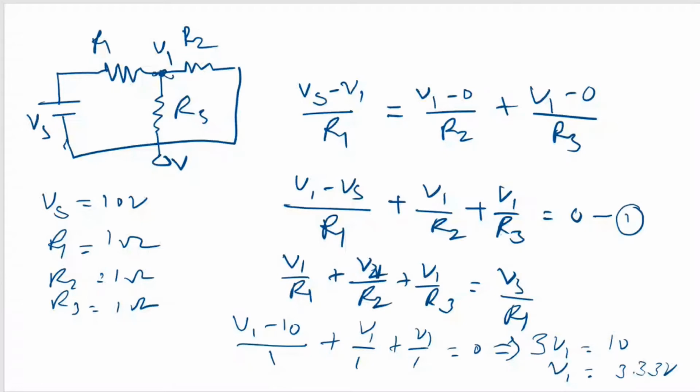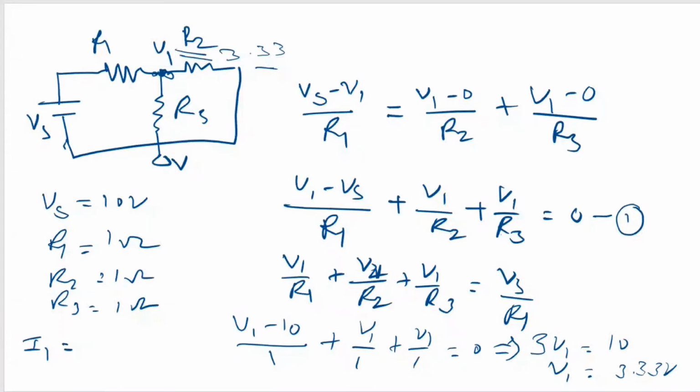So the voltage we have assumed at a node, we have to find. V1 we have calculated. After calculating V1, I can calculate I1. I1 is equal to Vs minus V1 by R1.